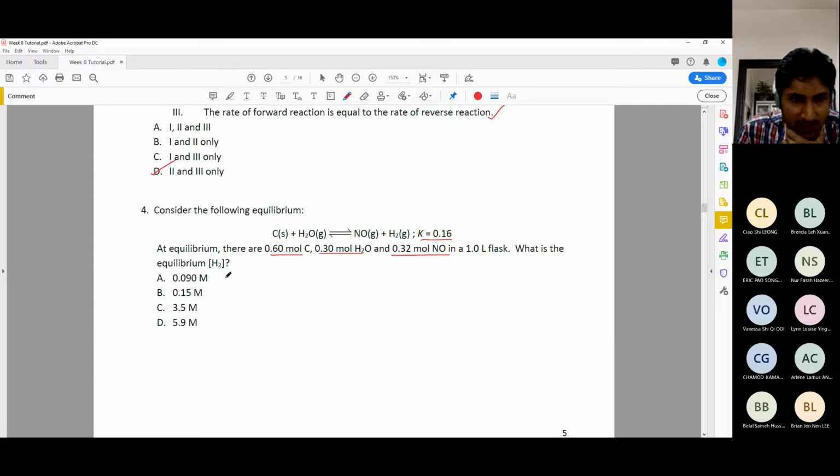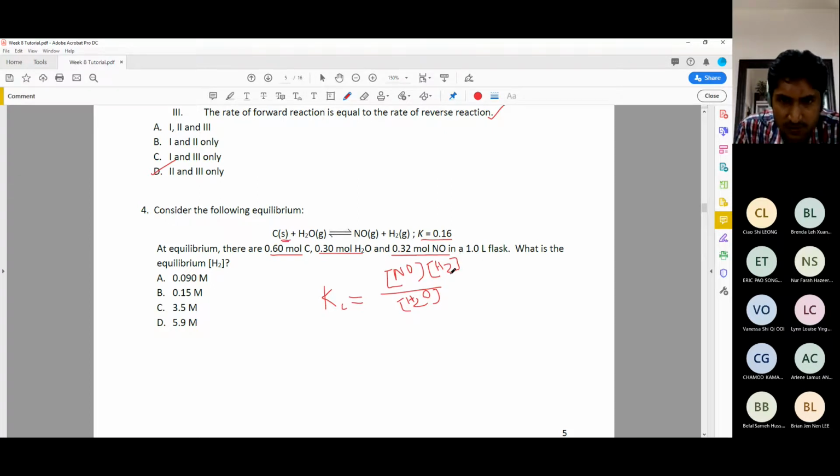What is the equilibrium concentration of hydrogen? From this reaction, K will be nitric oxide and hydrogen gas over water vapor. Carbon will not be considered because it is solid.